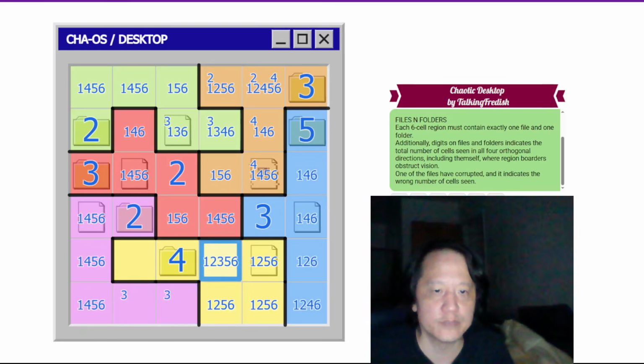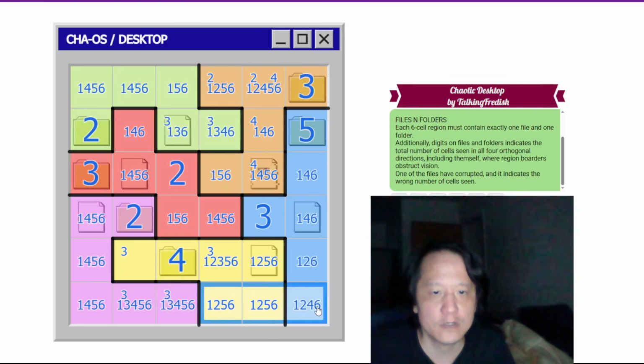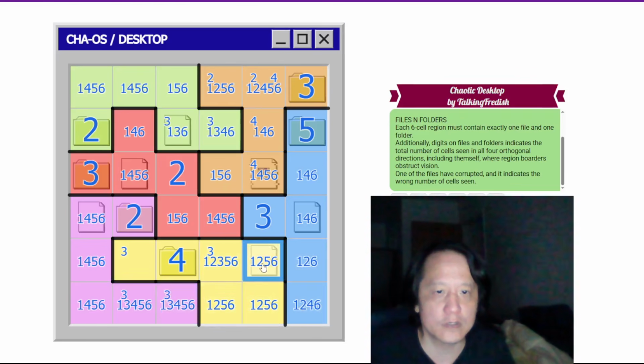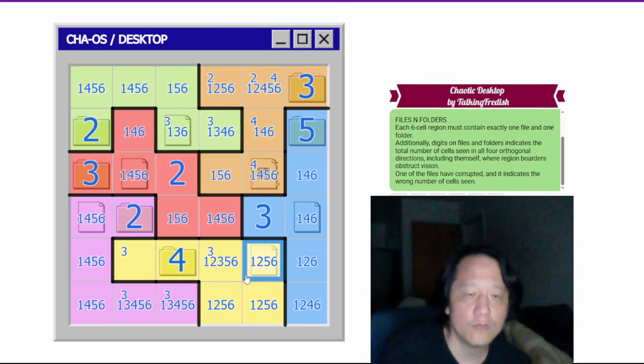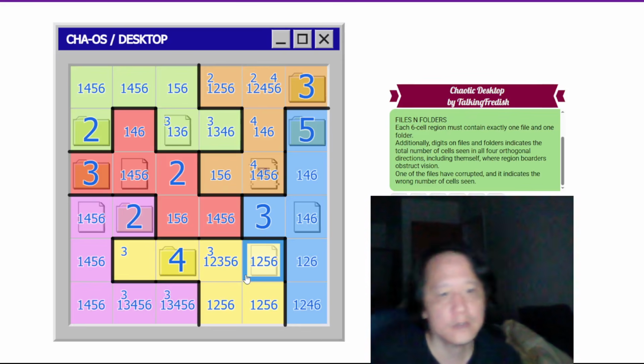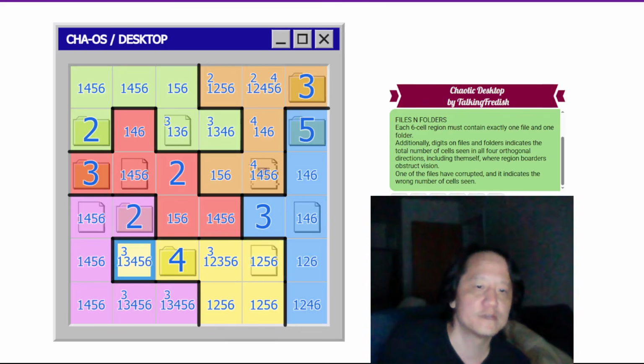So then 3 has to be either here or here. This has to be 1, 3, 4, 5, and 6. One of them is corrupted. 1, 3, 4, 5, 6 here.